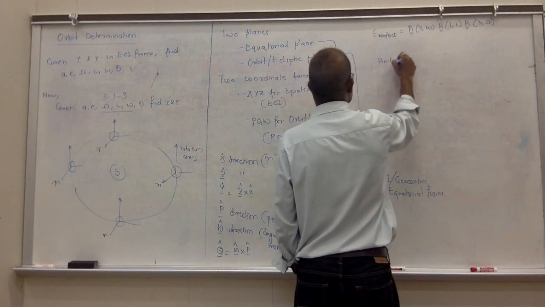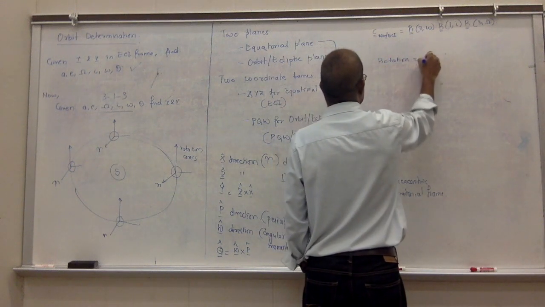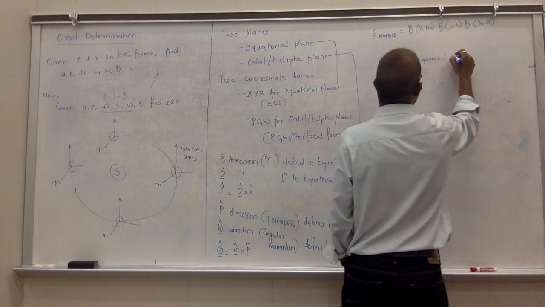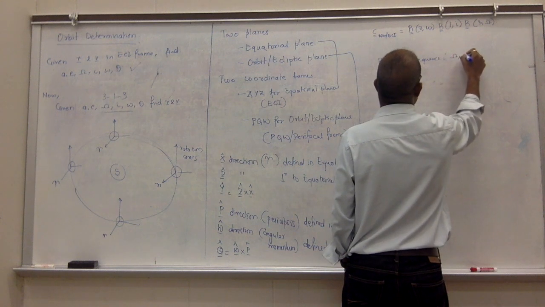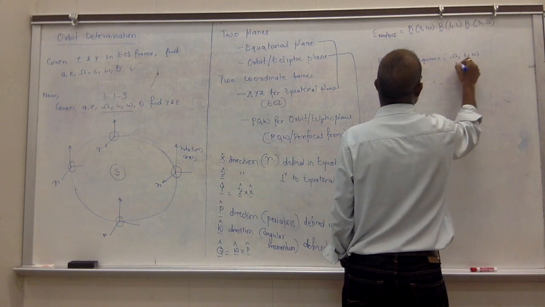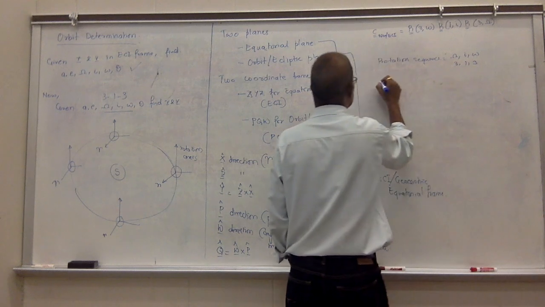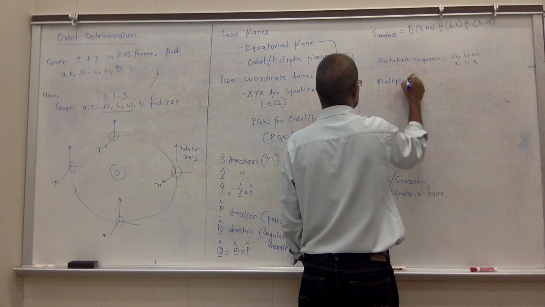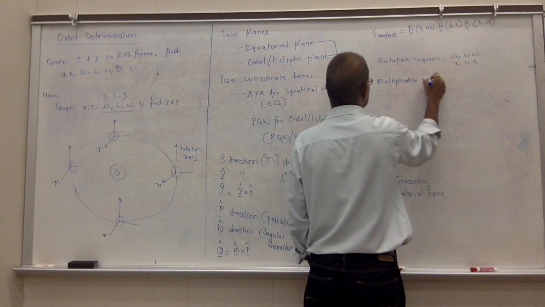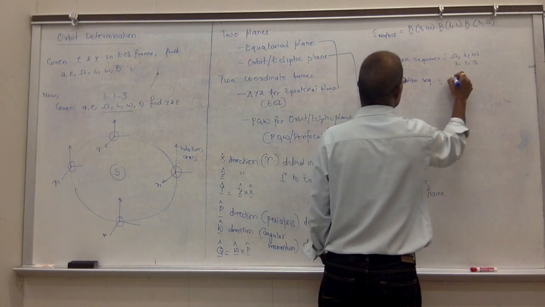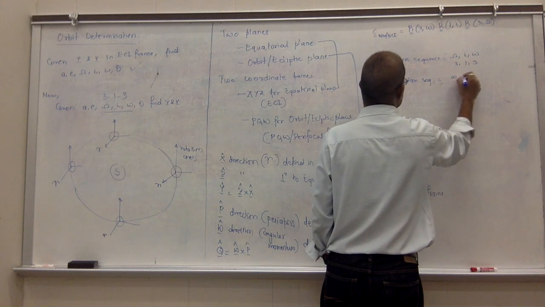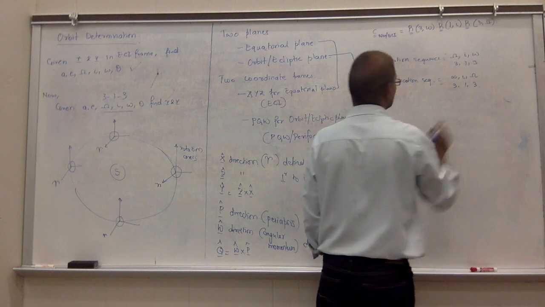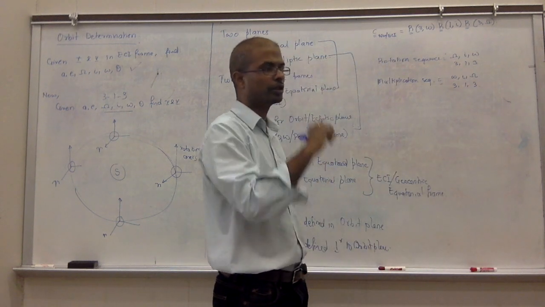Right, the rotation sequence is cap omega, I, small omega. This is 3, 1, 3. But the multiplication sequence is... got it?